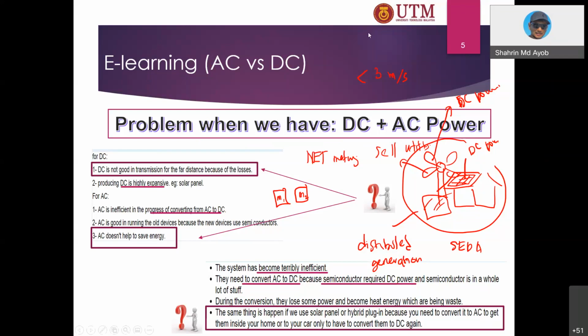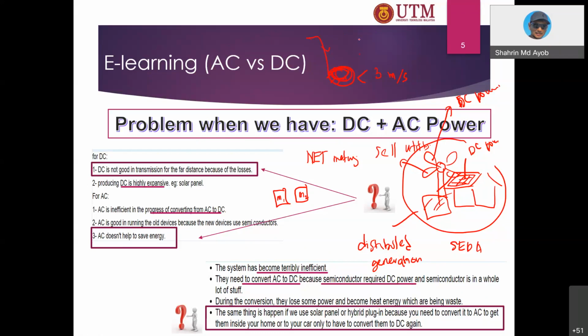Okay, so for the hydroelectric, it actually generates AC because when you have the dam, the water goes down from the kinetic energy, so it will rotate this turbine.